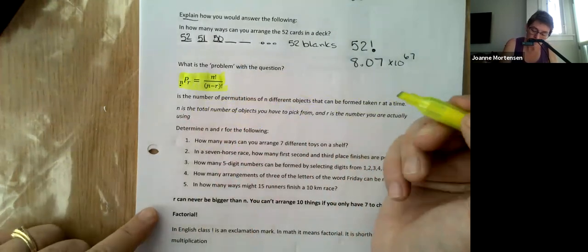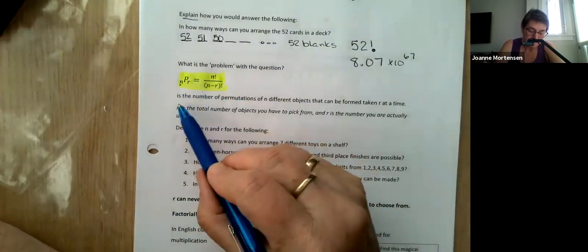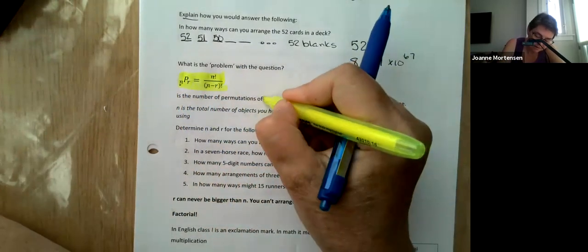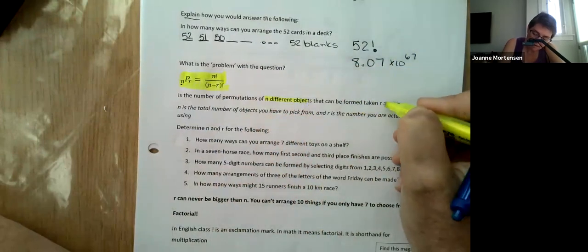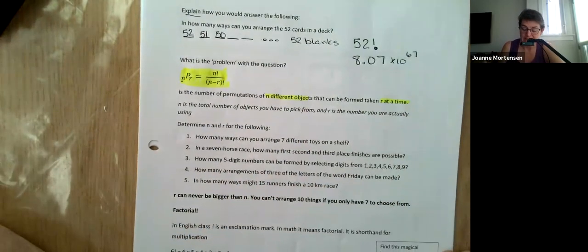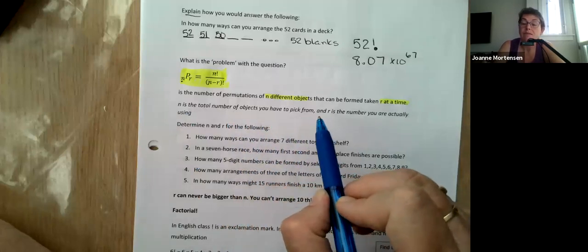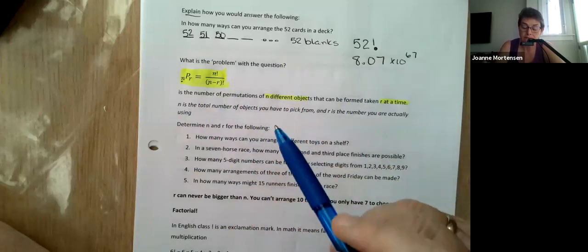is the total. Okay, so the official formula is the number of permutations of n different objects taken r at a time. In English, my translation: n is the total number of objects you have to pick from. So in this case, it'd be 52 cards.